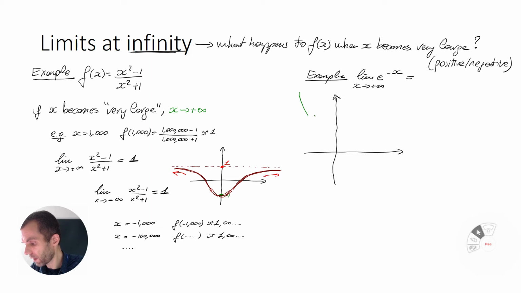So it's very large, and then for x is 0, it becomes 1, and then it goes to 0 as x gets larger and larger. So here, from the fact that the function becomes less and less when x becomes bigger and bigger, we can decide that the limit of e to the minus x is equal to 0.